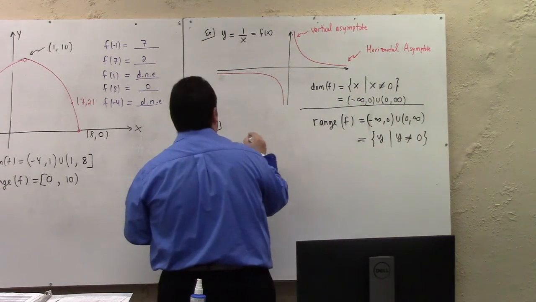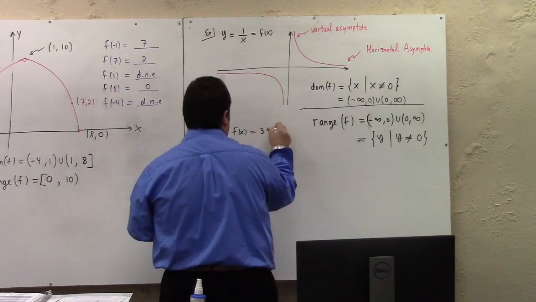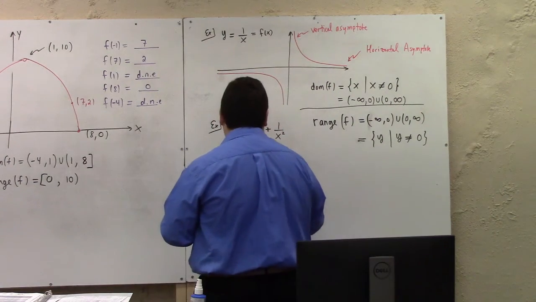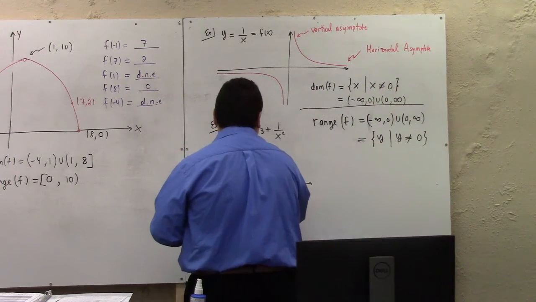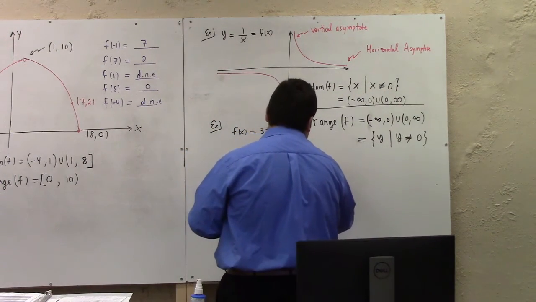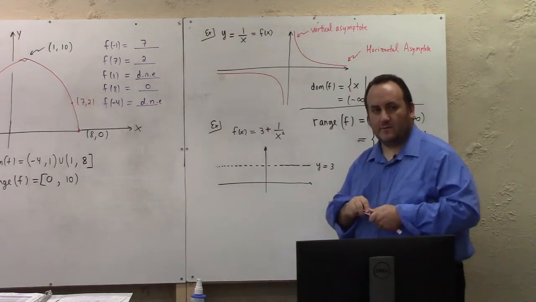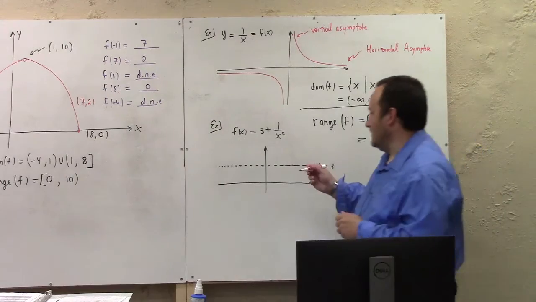Another example, you might run into something like f of x is equal to 3 plus 1 over x squared. When you graph it, it looks like a volcano that has 3 as its base.